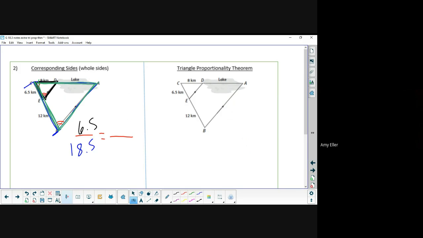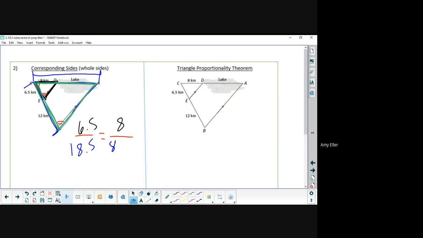Now we have to go back to the small triangle. Of course, we're going to pick 8. It's the only other number on the small triangle. What side goes with 8? This side goes with that. That's 8 and the lake.